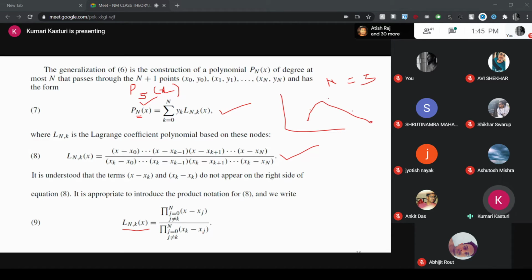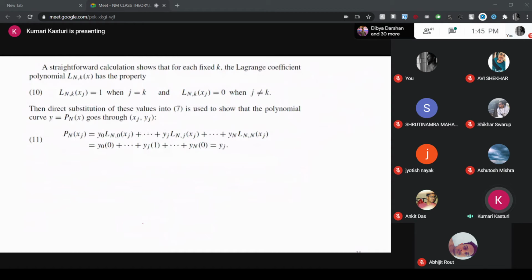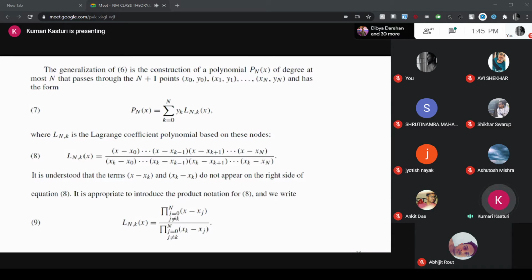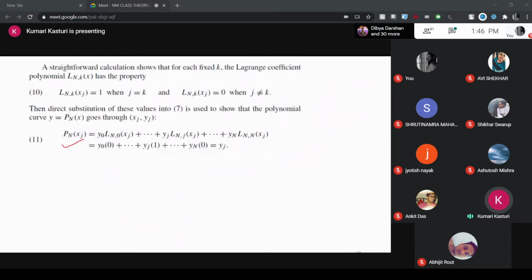Now, what is k, what is j, that I will tell you in this generalized equation. It is the same thing, written in a generalized form. Pn of xj is written as y0 ln0 of xj up to yn of ln,n. These coefficients you have to find out.